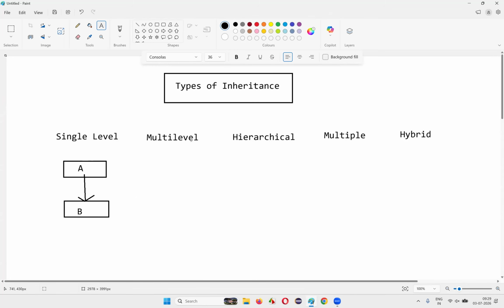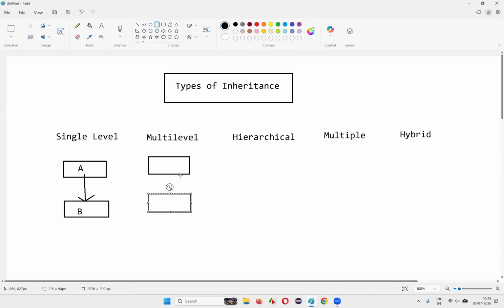Now coming to the second type of inheritance, multi-level inheritance. Here we have some parent class, and that parent is a parent of this particular class, and this is a parent of another class, and so on. You can have any number of levels here. For example, I am only taking this many levels, but you can continue the levels.